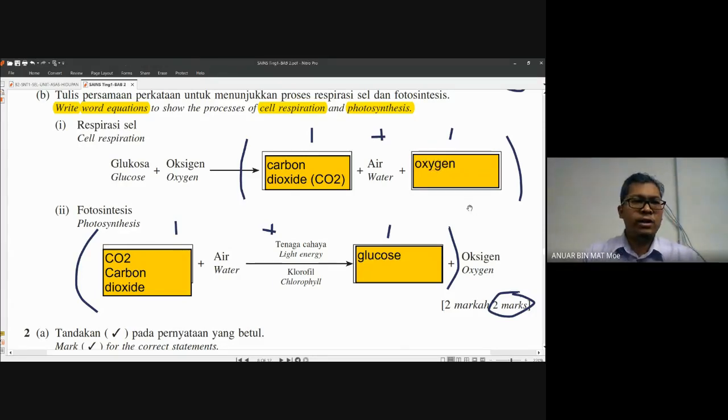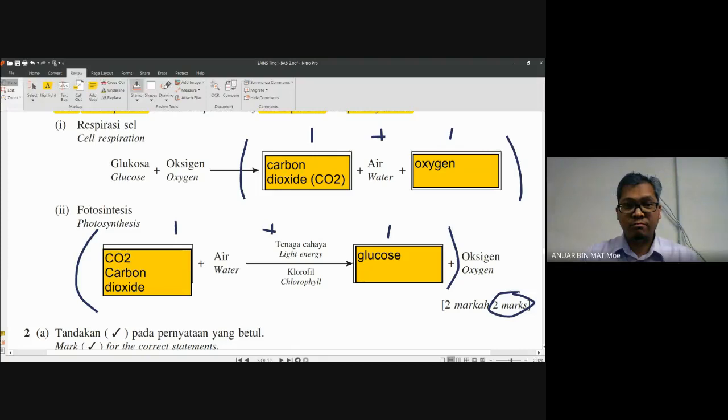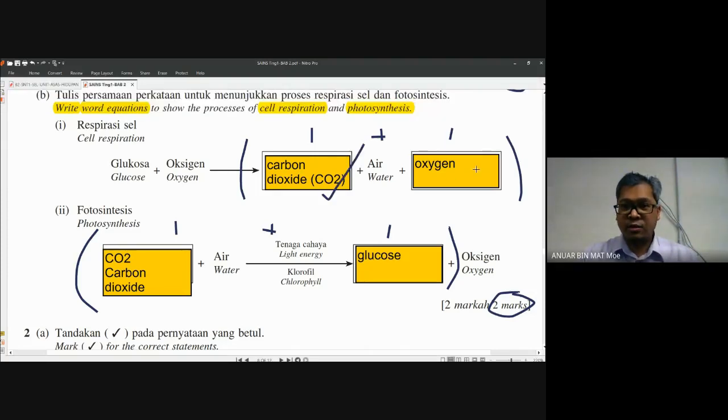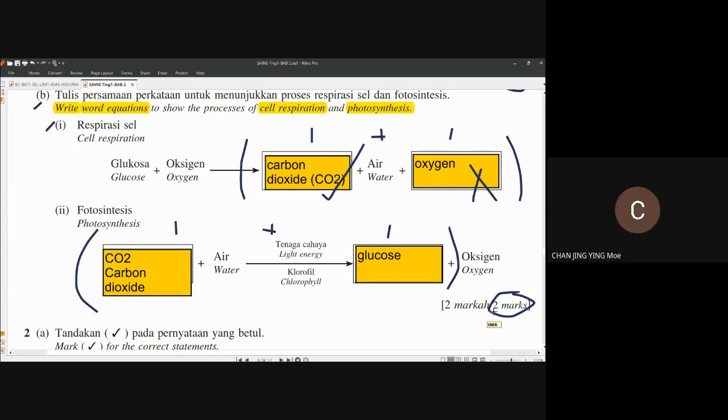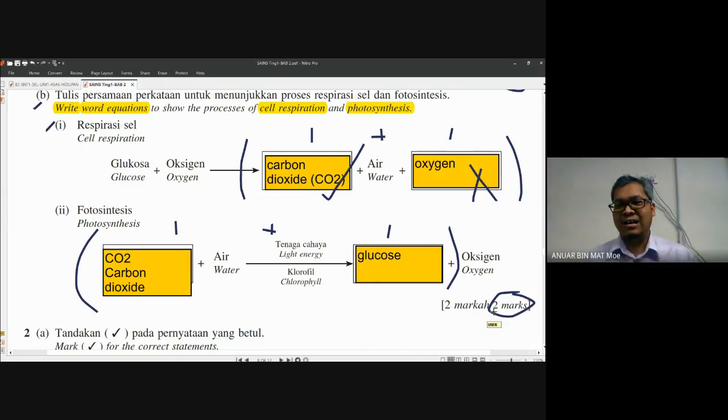So how many marks in question B1? This one correct, this one wrong. So I can only give you 1 mark only.